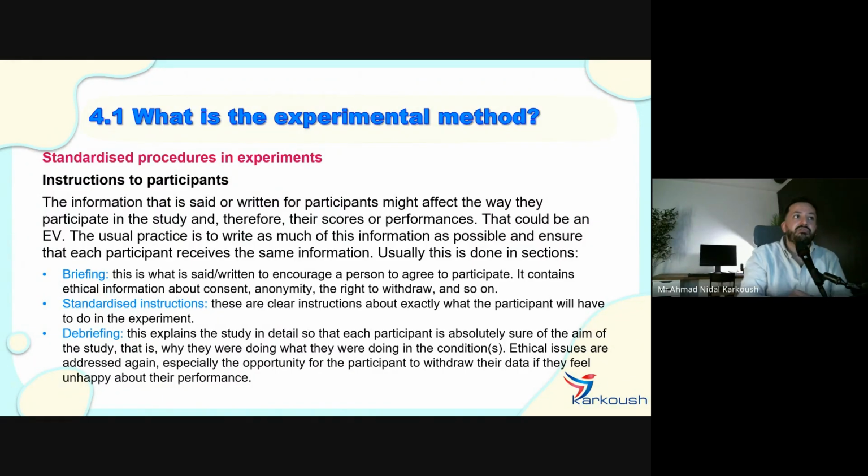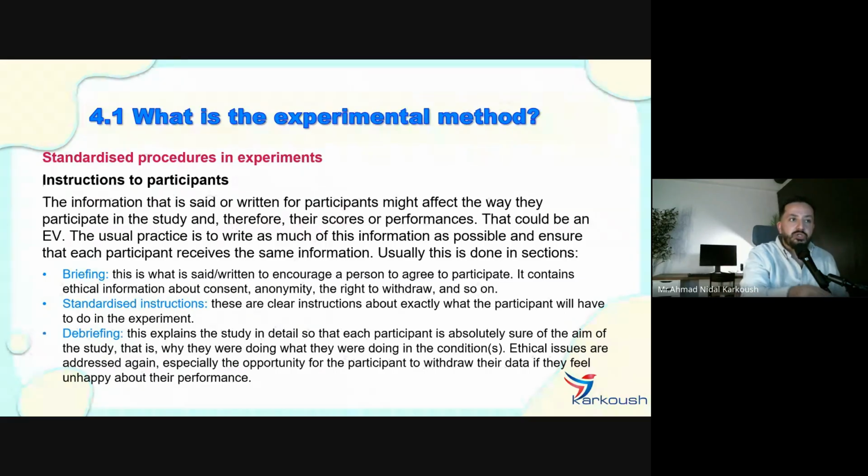What is briefing? Briefing is what is said or written to encourage a person to agree to participate. It contains ethical information about you consenting to the experiment, you being anonymous, you having a right to withdraw from the experiment if you don't like it anymore. Now, the standardized instructions are the clear instructions about exactly what the participant will have to do in the experiment. And debriefing explains the study in detail so that each participant is absolutely sure of the aim of the study.